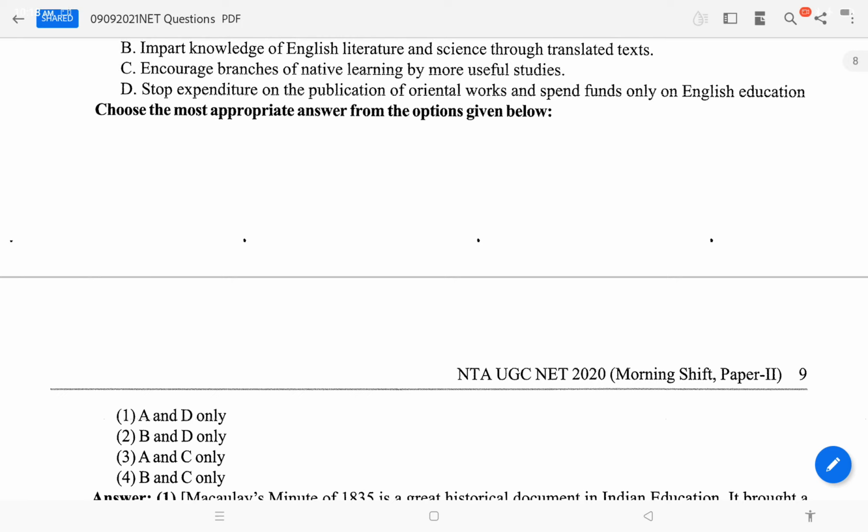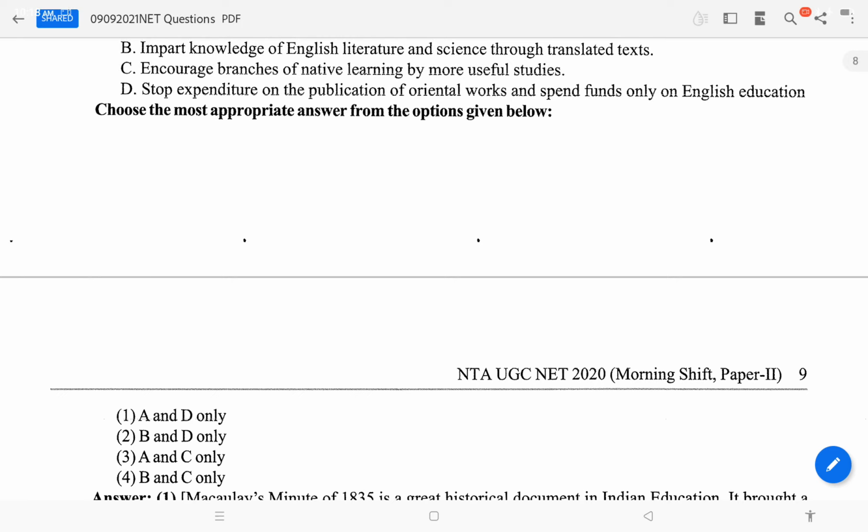Let's read the information about Macaulay's Minute. Macaulay's Minute of 1835 is a great historical document in Indian education. It brought a great effect on the education system and policy in shaping the modern Indian education system.